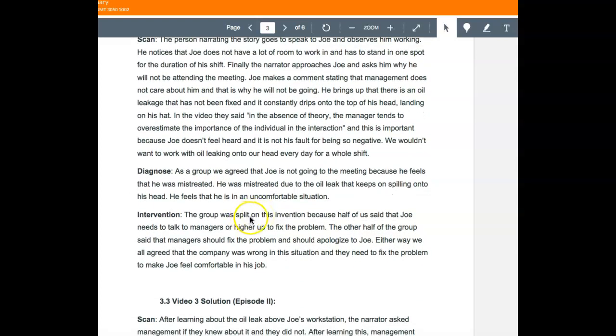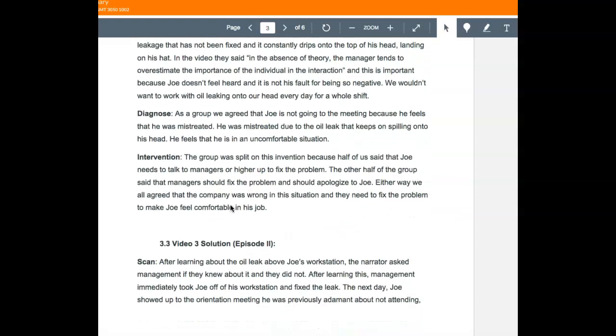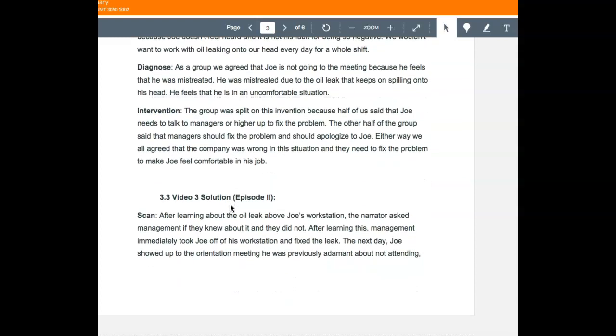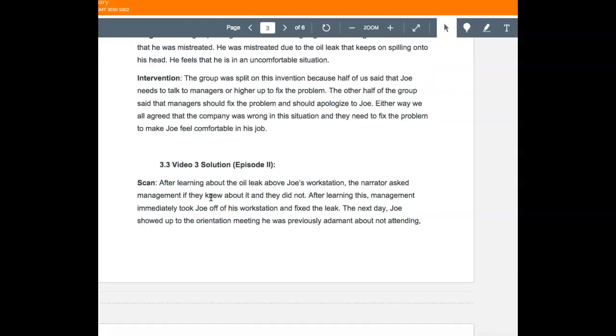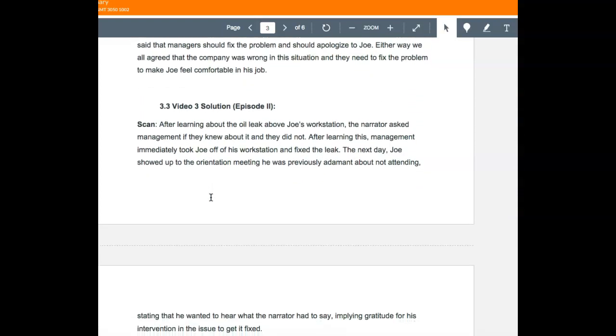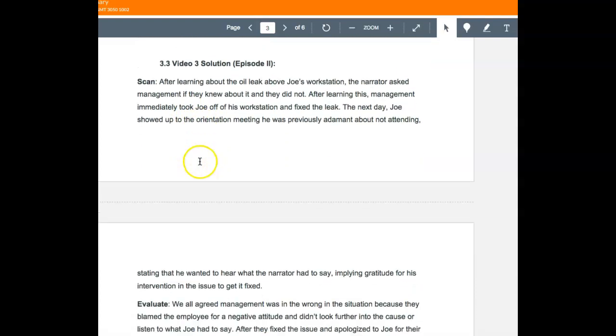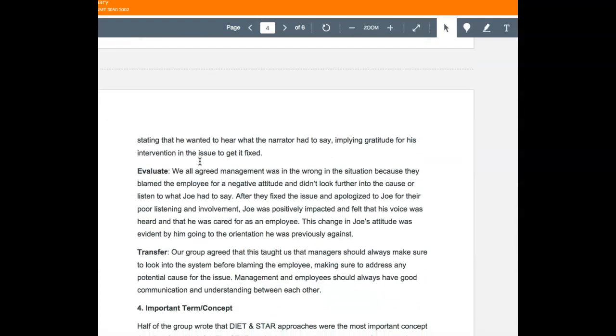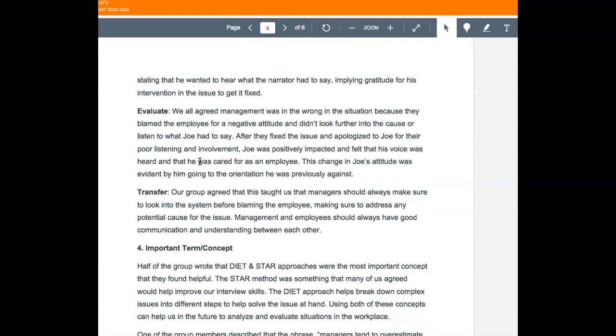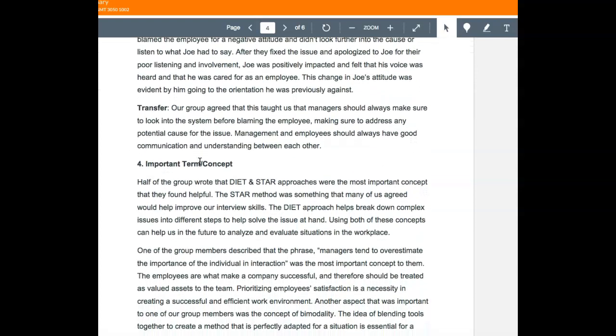The group was split on this intervention, so that's good. They're describing how they were split, so we're getting their team perspective, and they learned that by having this discussion. And then you can see they did a scan, evaluate, and transfer. So they actually applied DIET in their response.